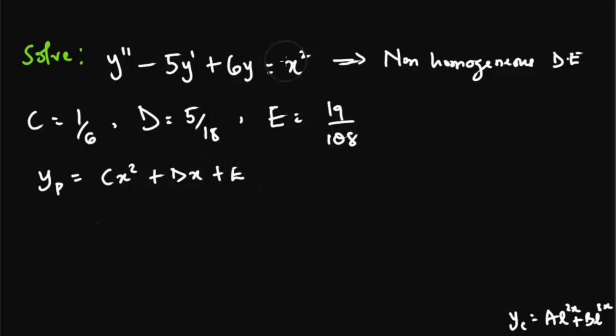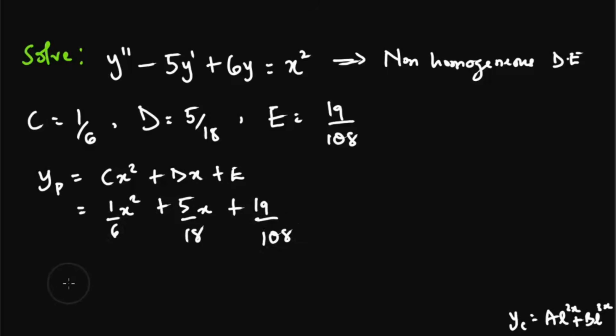because we have a second degree equation as our f of x. Which means our particular solution is 1 over 6 x squared plus 5 over 18 x plus 19 over 108. And so we can conclude that our general solution, which is what we have been looking for, is the complementary function yc of x plus the particular solution yp of x.